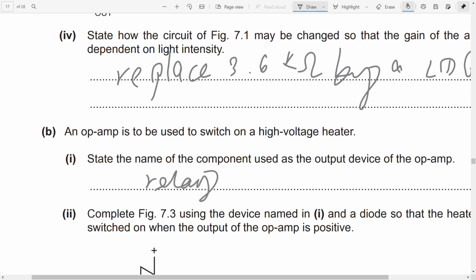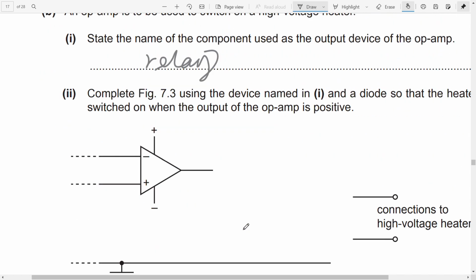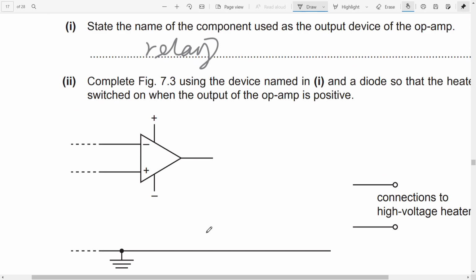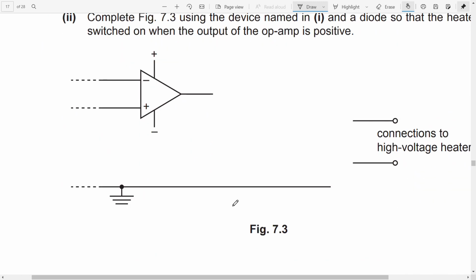Okay, answer is relay. Actually, don't get confused about it. The next question is: complete figure 7.3 using the device named in 1. So relay. You have to put the relay over here. I think you have already done this in physics.